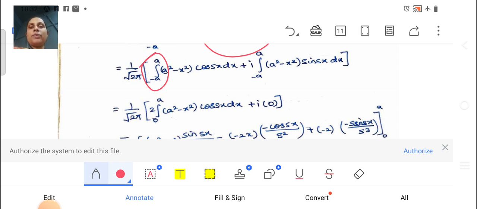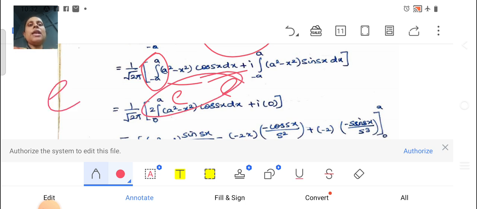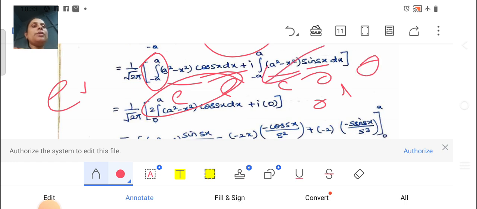First we check whether it is an odd or even function. a² − x² is an even function, cos sx is an even function, so even into even is an even function. But here, this is an even function and this is an odd function, so even into odd is an odd function. For the odd function the value is 0, so we only get the even function value.